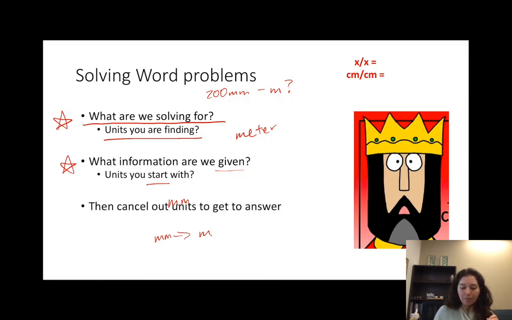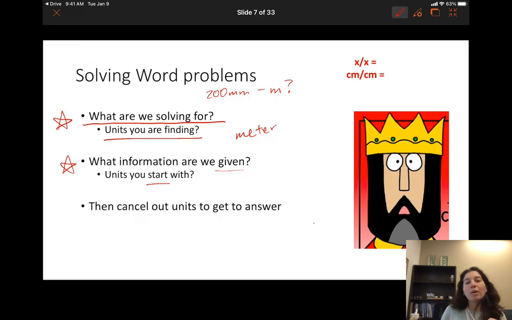Okay. All right, now once you do these 2 things, when you find what units you're going from and to, you want to cancel these units out to get the unit that you want in your answer. So if you start with millimeters and you want to go to meters, we need to get rid of the millimeters.